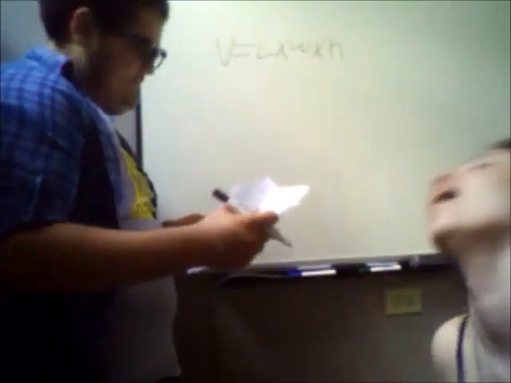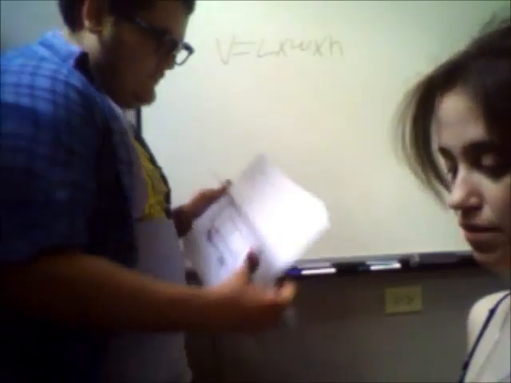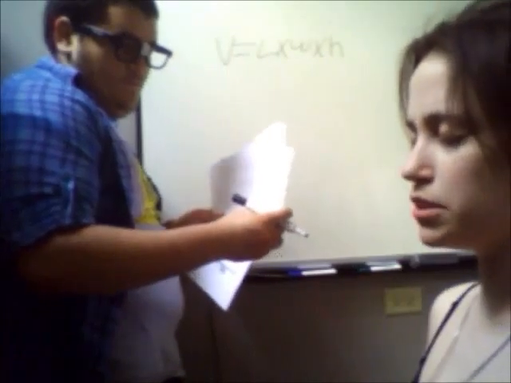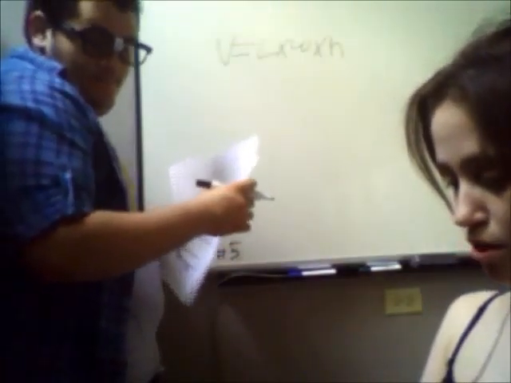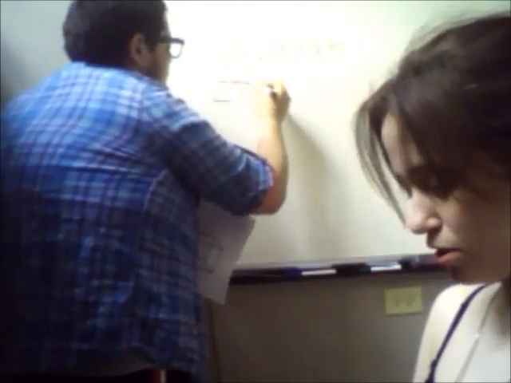Okay. Do you remember what the volume was of the prism? Was it 273 feet cubed? Yes. So where do we write that? Where the V is. So 273 feet cubed equals length.